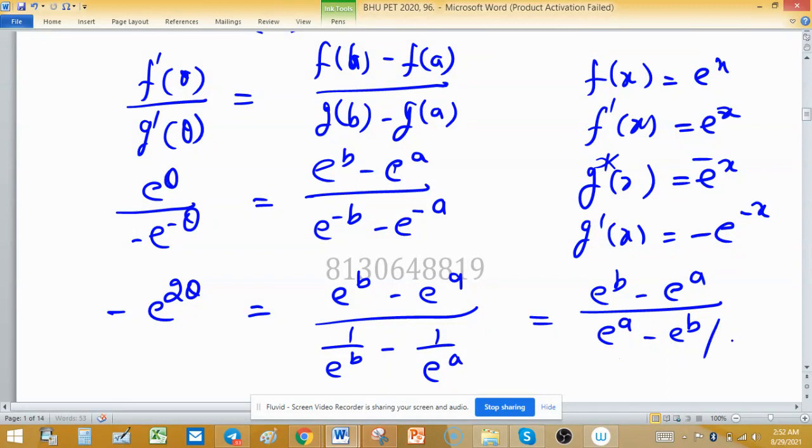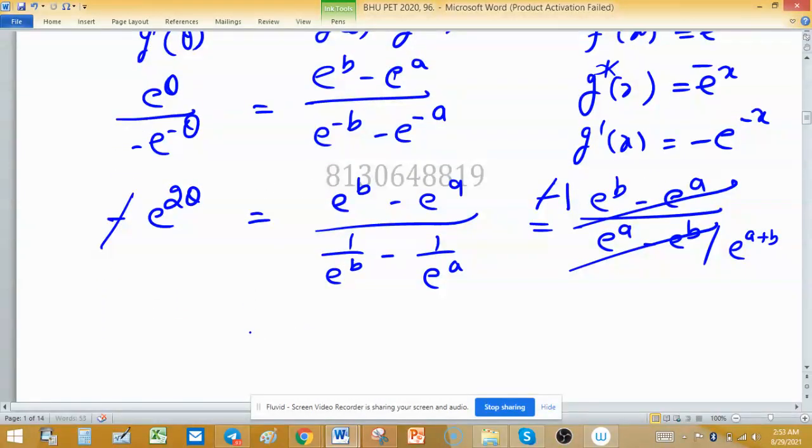and the LCM will be e raised to the power a plus b, meaning e raised to the power a into e raised to the power b. So this will cancel out with this one with the minus 1, and this minus will cancel out from this one. So what we have is only e raised to the power 2 theta equal to e raised to the power a plus b, because the exponential function is not periodic, or in other terms, the exponential function is one-one. Why one-one?